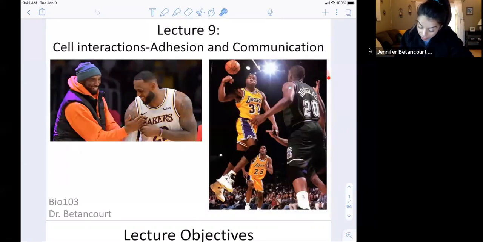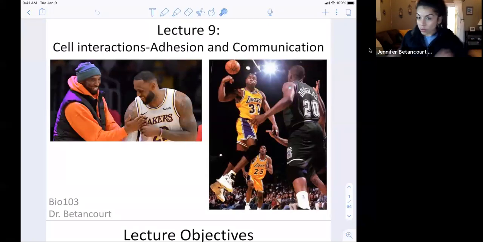And here, if you're old like me, you will recognize this is Magic Johnson, and he is a Laker from the 80s. And he is communicating with another cell, but he's actually not touching that other cell. So sometimes cells do have to touch to talk, and sometimes, with the famous no-look pass, he's sending the signaling molecule to that cell without touching him.